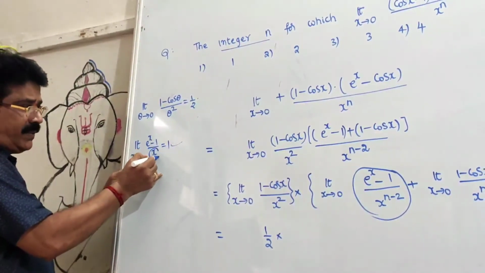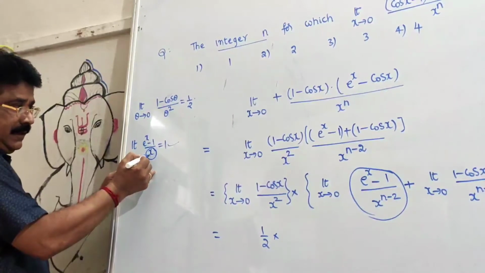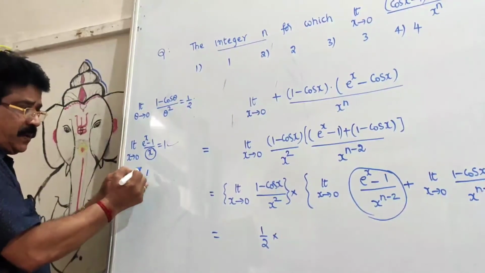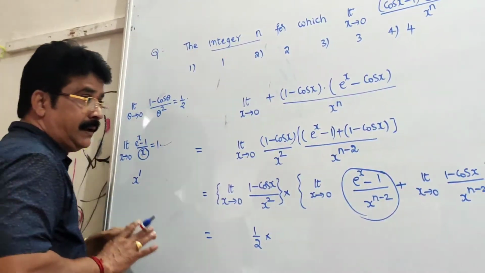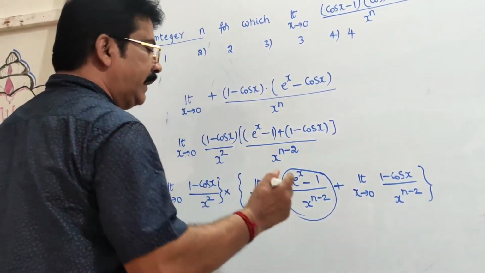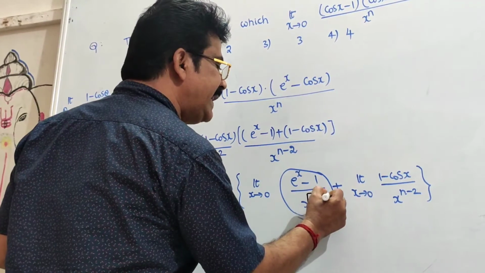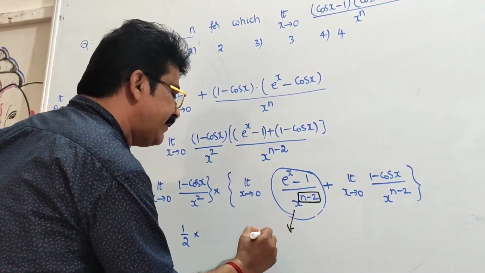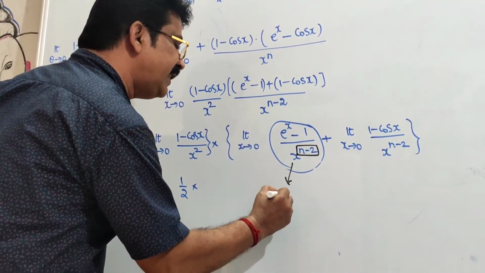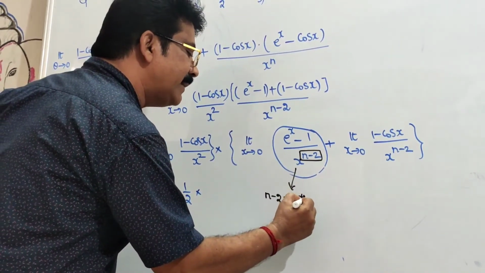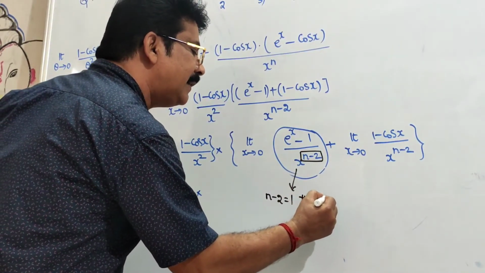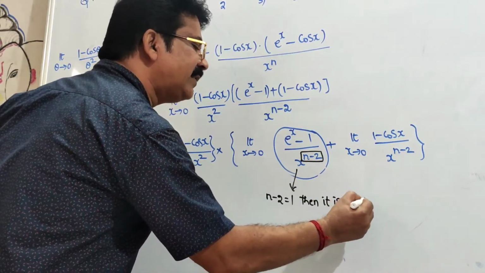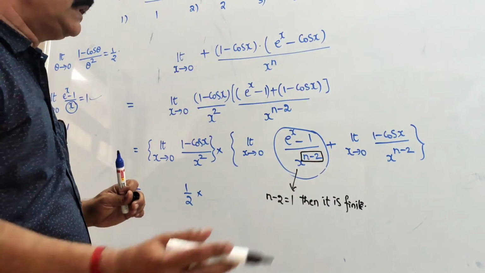So what is the denominator? X. In the denominator x is there. X means what? X to the power of 1. If this exponent n minus 2 is 1, here if n minus 2 is equal to 1, then it is finite value.